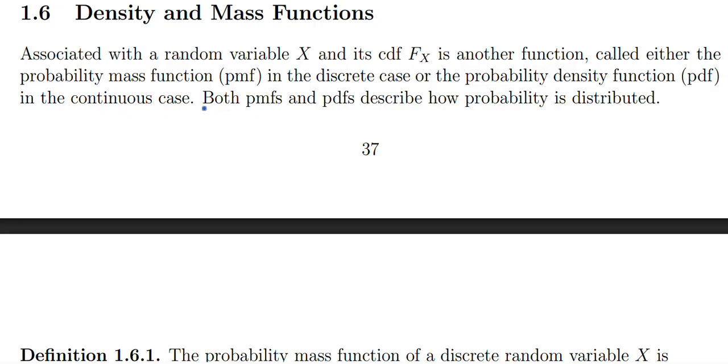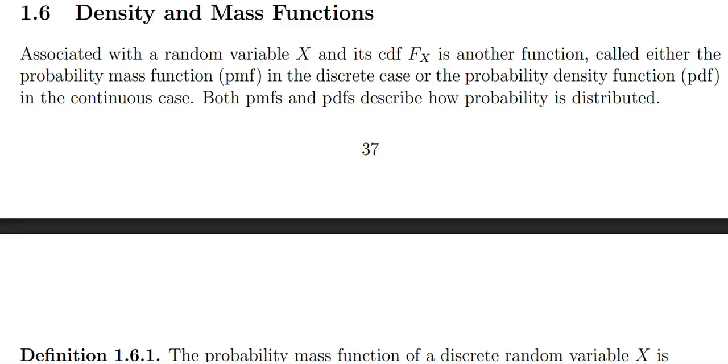So one is the CDF and the other is the PDF or PMF, depending on the type of variable. If the variable is discrete, then we say PMF. If the variable is continuous, then we say PDF. Both PMFs and PDFs describe how probability is distributed.